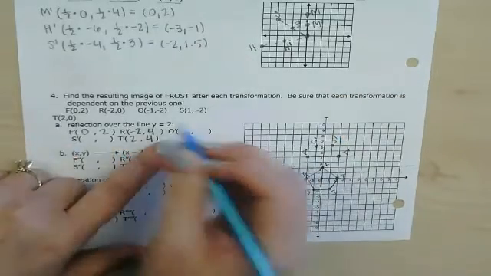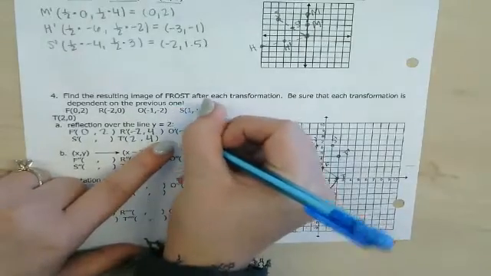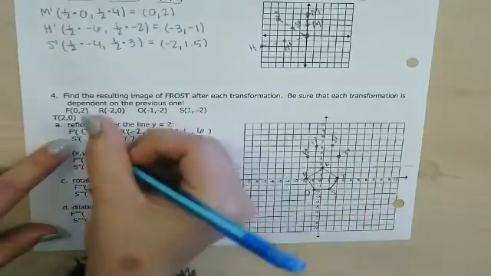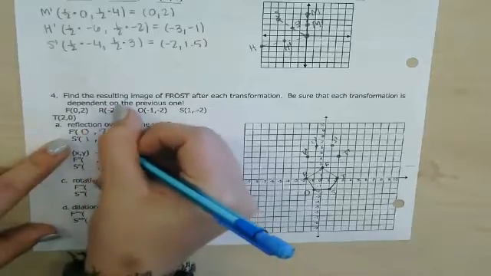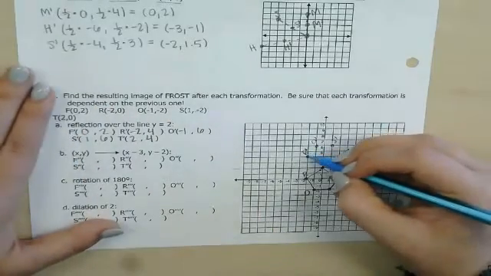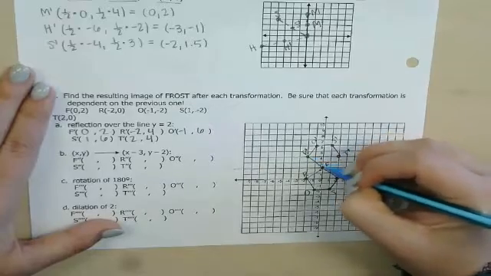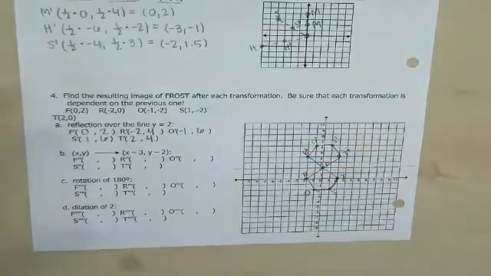My O was at negative 1, negative 2. Now it's at negative 1, 6. S was at 1, negative 2. Now it's at 1, 6. Now that I've got those all plotted, I'm going to connect them. And there is my second image, or my FROST prime.